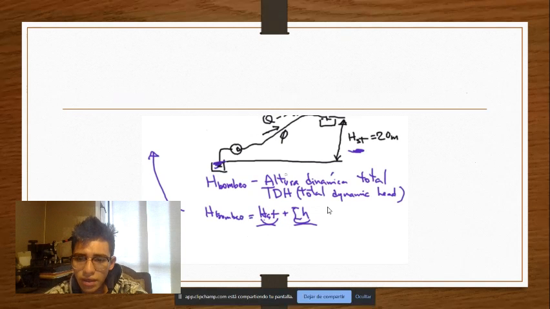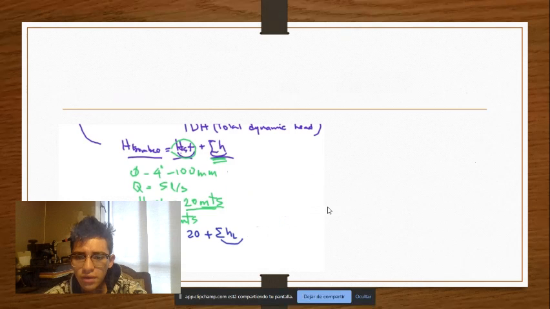Suppose that there are 20 meters, and the pump flow rate is 5 liters per second. And we know the diameter of the pipeline.